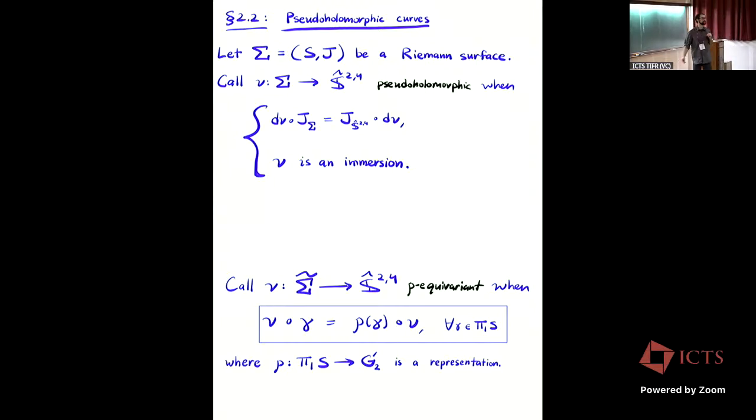By abuse, I might call the rho a holonomy of the curve, but be warned that this is not a developing map of a (G,X) structure because the surface is two-dimensional and the pseudosphere is six-dimensional. So it's not a (G,X) structure in the sense from the beginning of the talk. However, it is a nice equivariant object, and you could hope to upgrade this to an actual developing map on some bigger space. And that's exactly what we'll do in the next section of the talk.